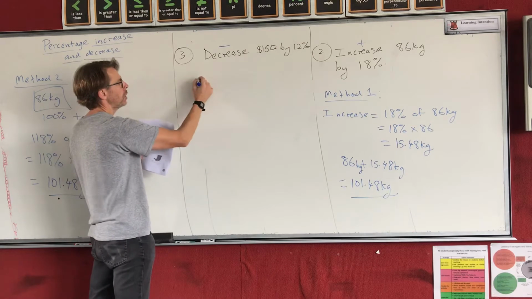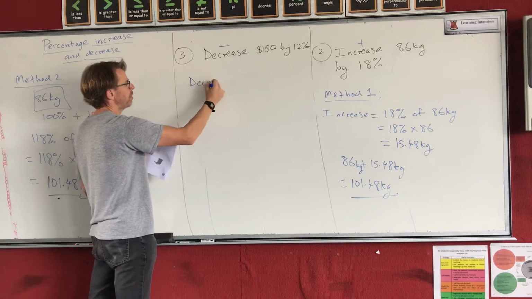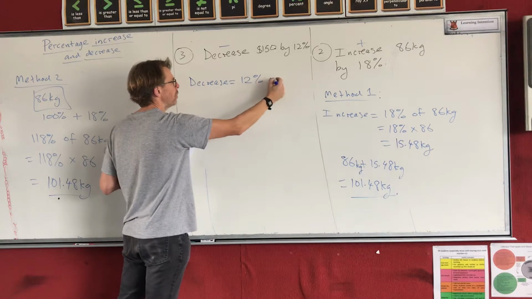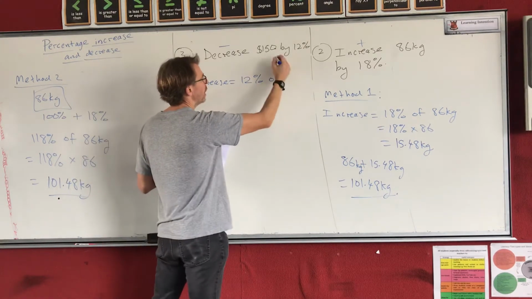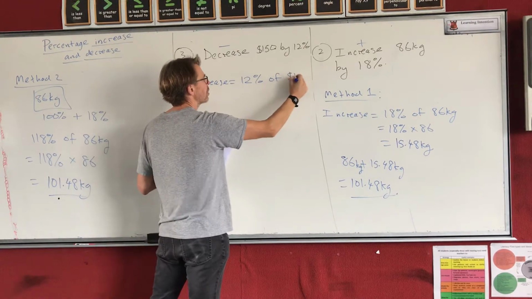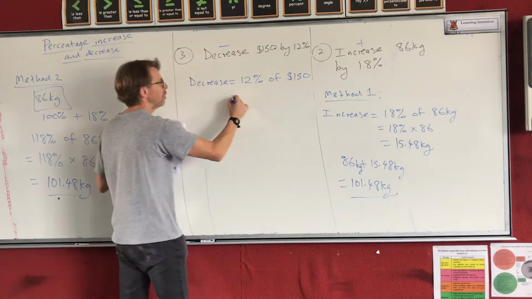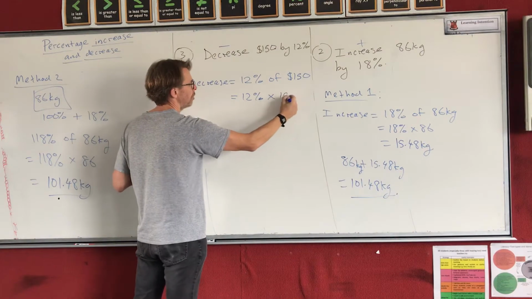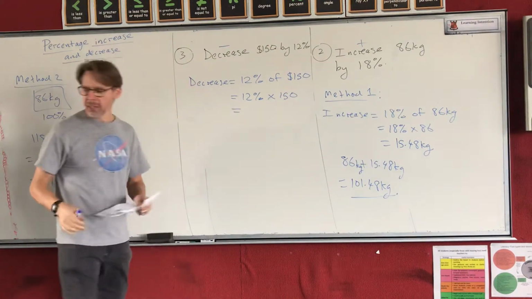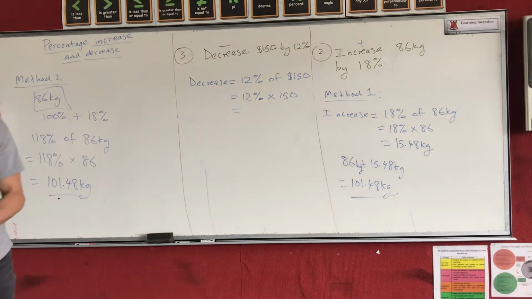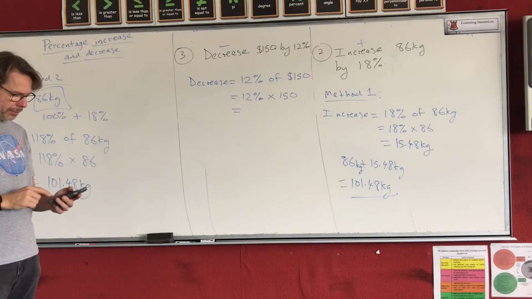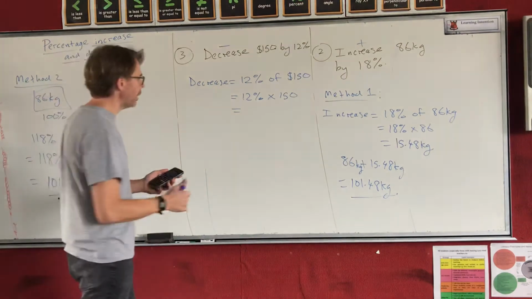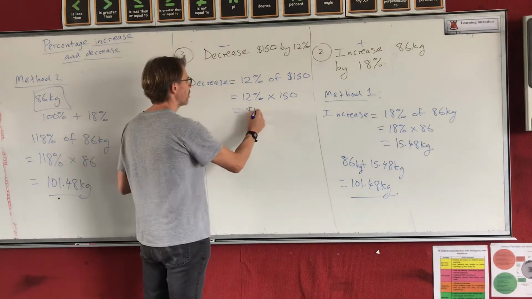First thing I'm going to do is calculate how much the decrease is. The decrease will be 12% of $150. In your calculator, type in 12% times 150. Let's work that out. $18.